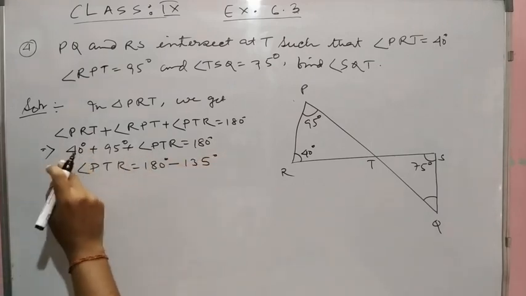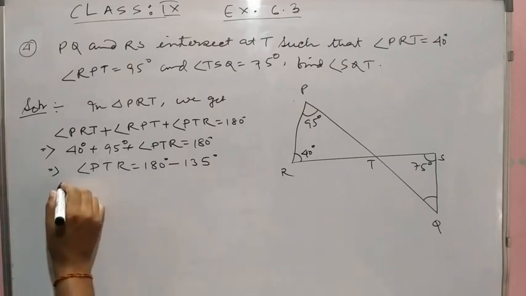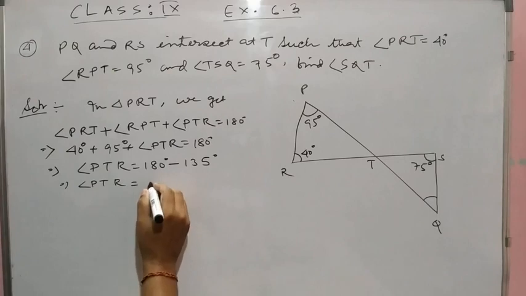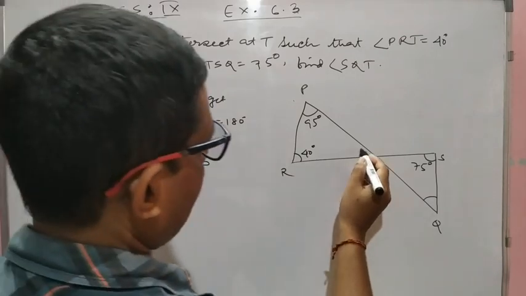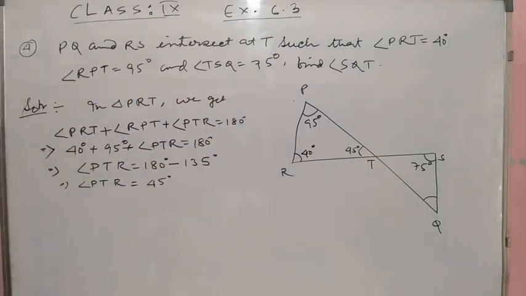These two together will be 135. On subtraction we get angle PTR is 45 degrees. So this definitely will be 45 degrees.